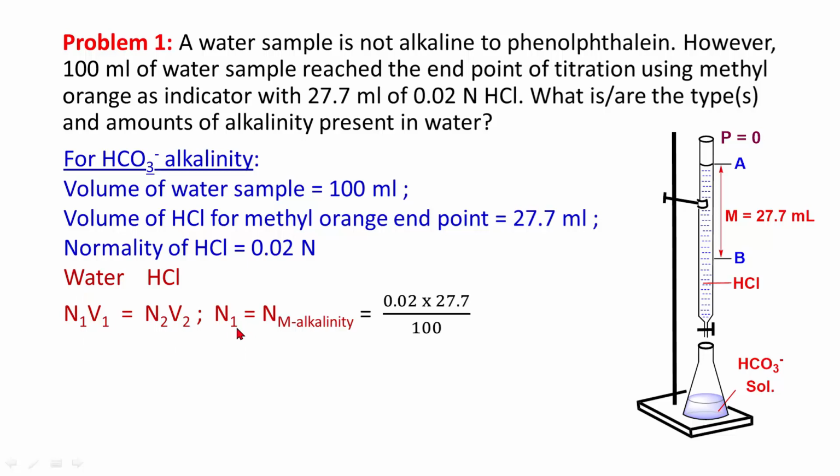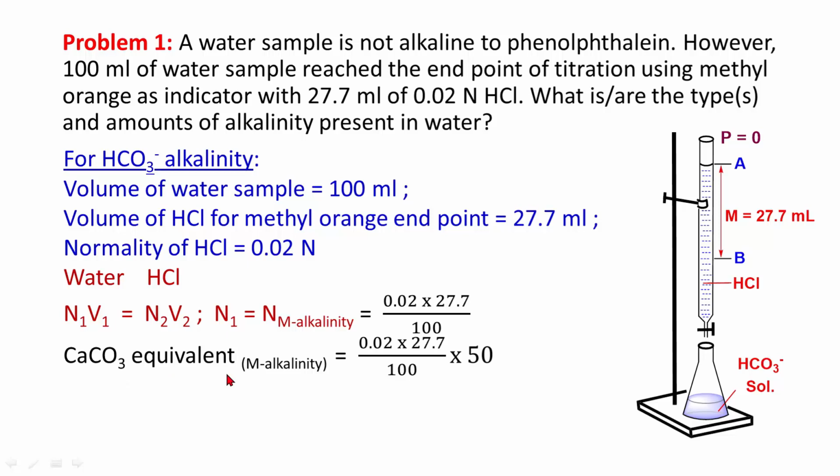For water N1, we can find M alkalinity is equal to 0.02 into 27.7 divided by 100. For calcium carbonate equivalent, we multiply with 50, the equivalent weight of calcium carbonate. It is equal to 0.277 gram per liter, or 277 milligram per liter, that is 277 ppm.